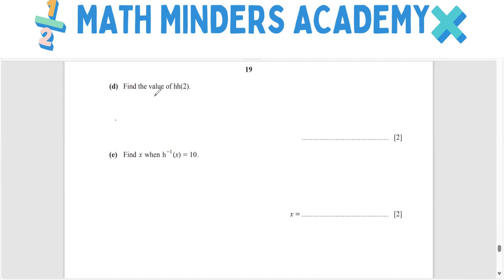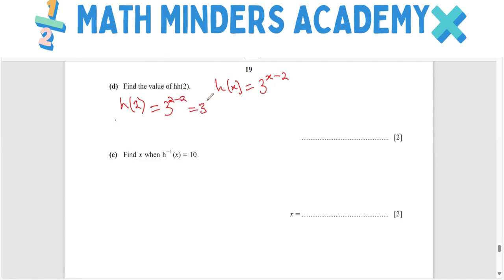Here we want to find the value of h of 2. We know that h of x is defined as 3 raised to the power x minus 2, if we check the very beginning of this question. So now we can calculate h of 2, and that is going to give us 3 raised to the power 2 minus 2.